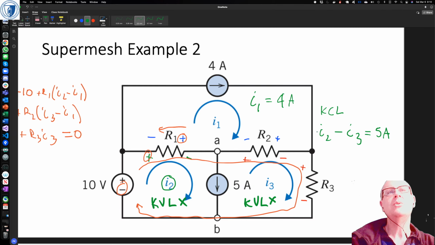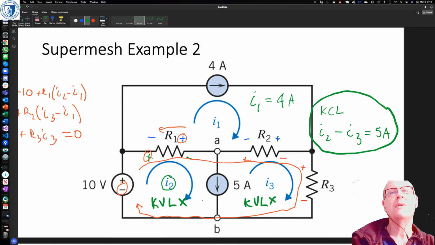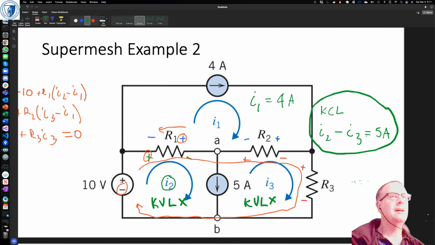So what we have to do, as it says up here, is write down a KCL equation that says I2 is going in the same direction as the source, minus I3, because I3 is going in the opposite direction, equals 5 amps. And that's effectively a KCL equation. And because we have two unknowns, we need two equations.